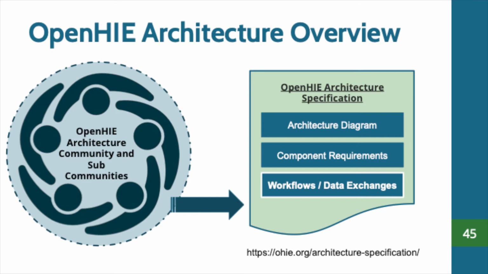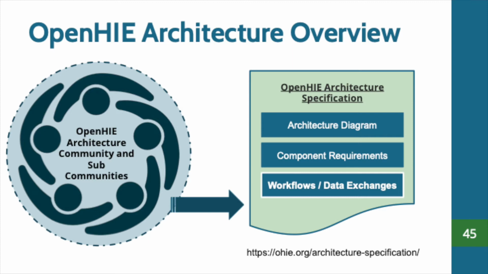OpenHIE is a community approach to creating the patterns for e-health information architecture and data exchange. We do that by having sub-communities that regularly meet to discuss the business challenges related to specific parts of the architecture. In addition, we have an architecture community which serves to make sure that the individual components work together and that the standards needed for sharing information between the components are in place or created.